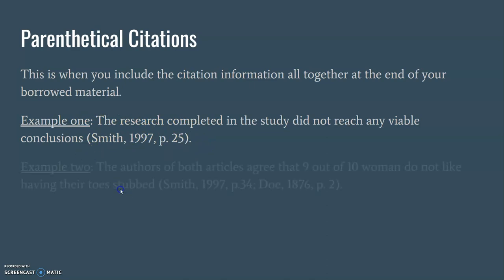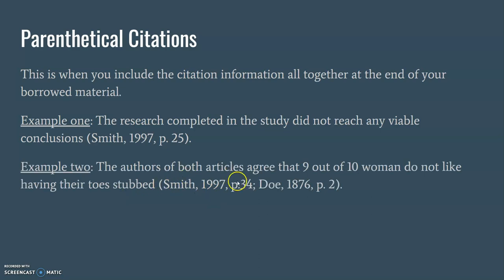And we have another example. The authors of both articles agree that 9 out of 10 women do not like having their toes stubbed. And here I gave you an example of what it looks like if you have two references that contributed to one sentence. So we have (Smith, 1997, page 34; Doe, 1876, page 2).